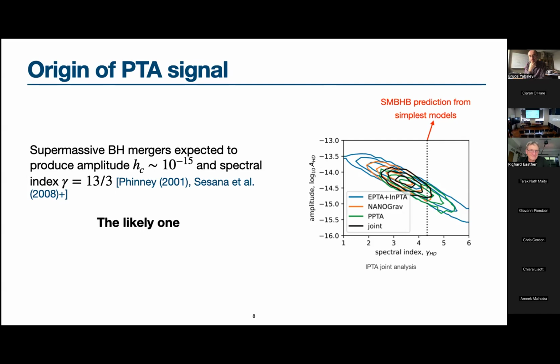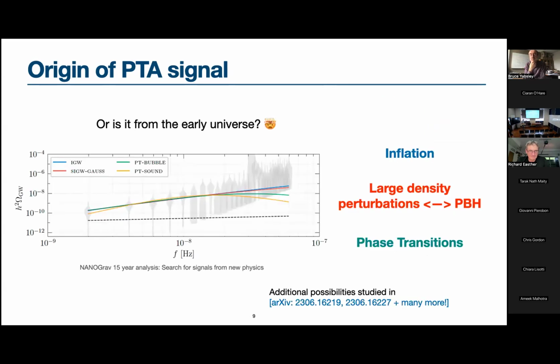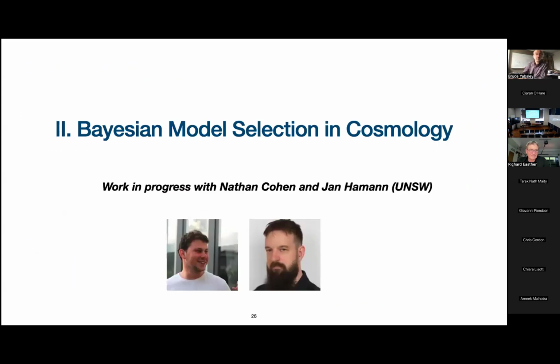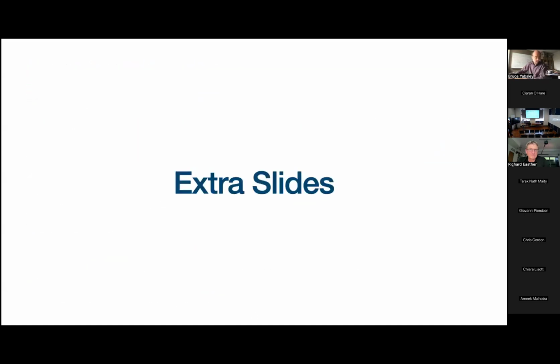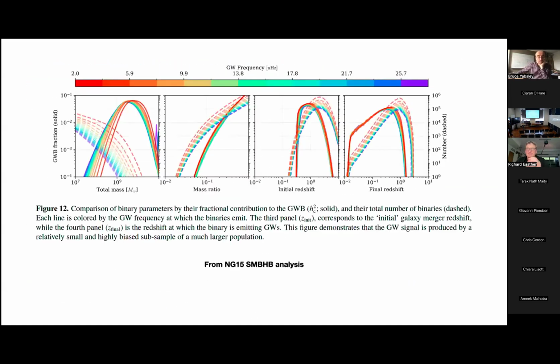So I can't completely answer your question. But if you look at, for instance, maybe I have some extra slides about this. Yes, so I think in one of the papers, what the NANOGrav collaboration tried to do is, given the observed signal, try to infer some properties of the underlying supermassive black hole distribution.